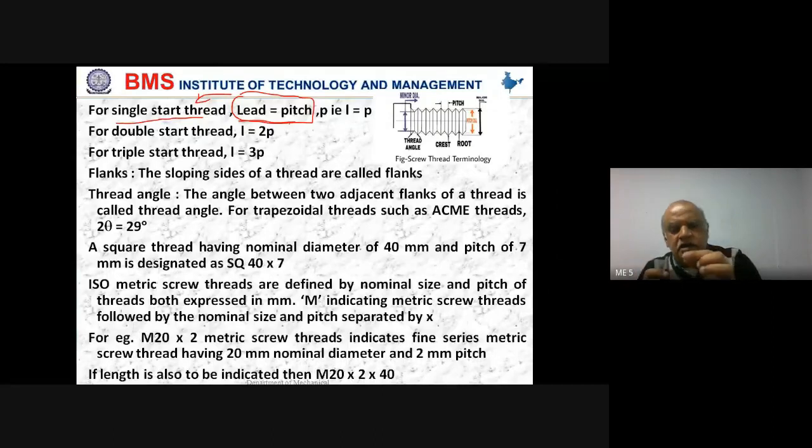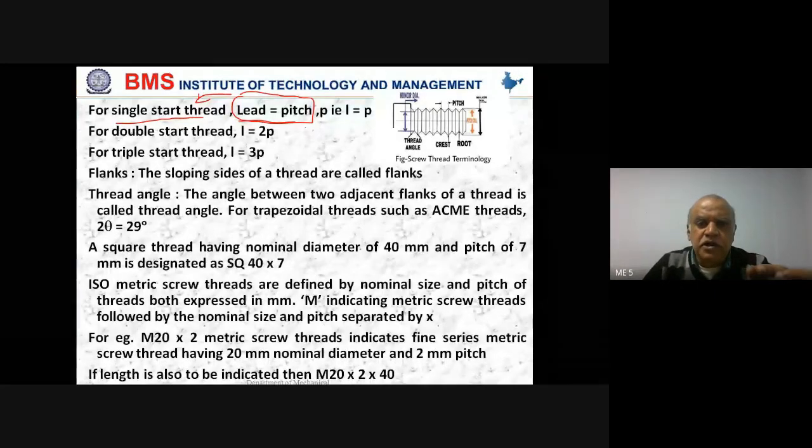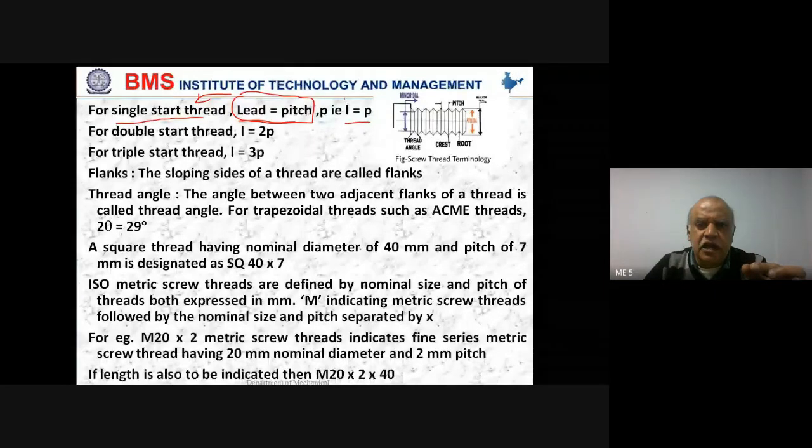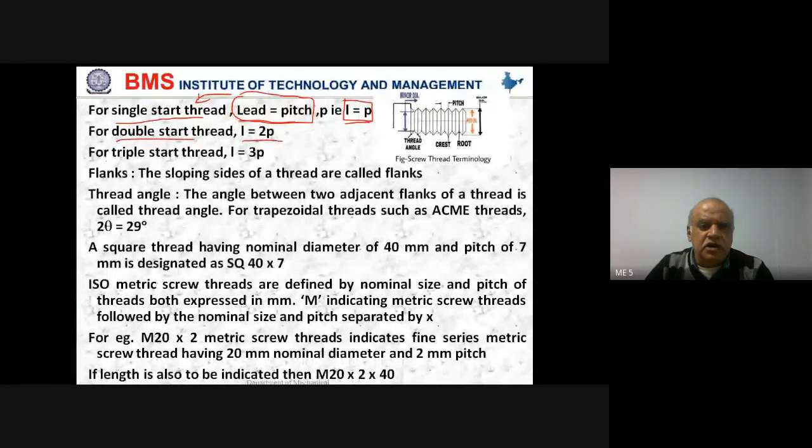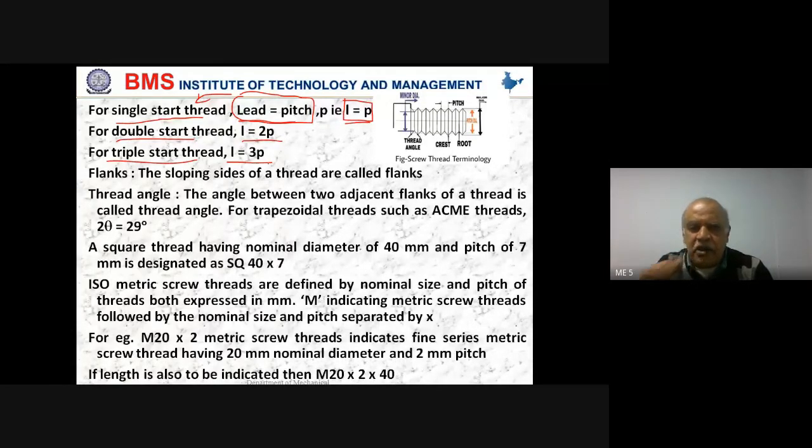That is, if I give one revolution, the nut will travel along the screw a distance equal to its pitch. In case of a double start thread, it will travel 2 times the pitch for every rotation, and similarly for a triple start thread, it will travel 3 times the pitch length for every rotation given. Is that okay?